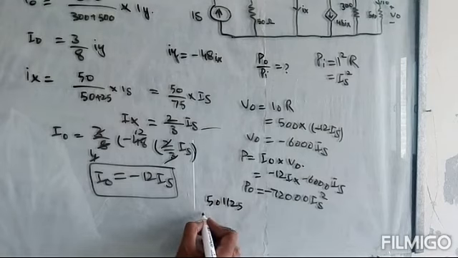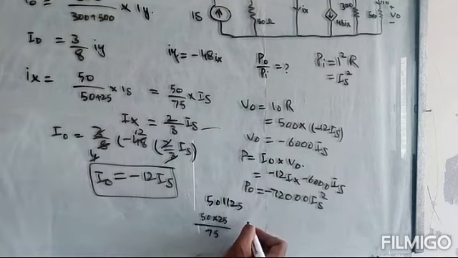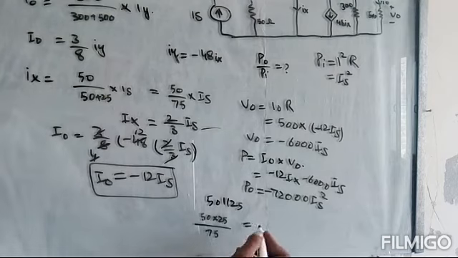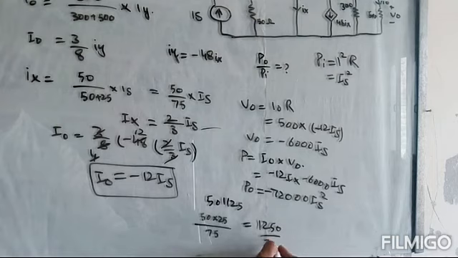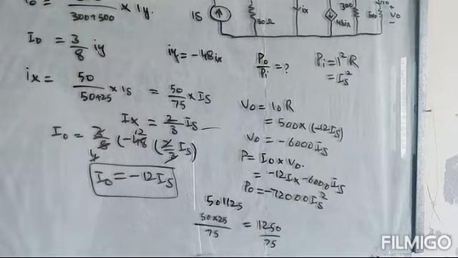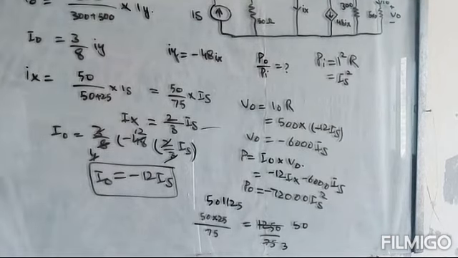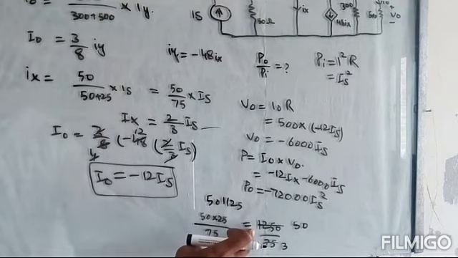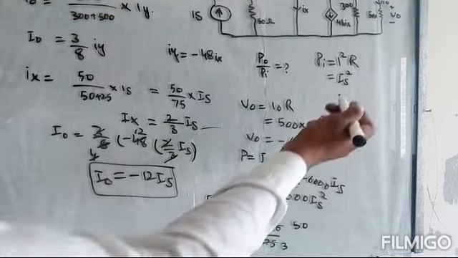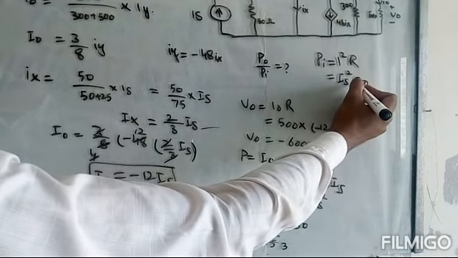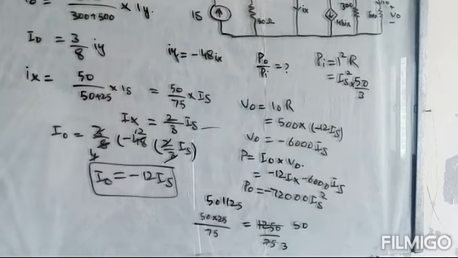So 50 multiplied by 25 divided by 75, which is 1250 divided by 75. This can be reduced using the multiple of 25: 25 times 3 is 75, 25 times 50 is 1250. So it will be 50 over 3 multiplied by Is square. This is the input power.